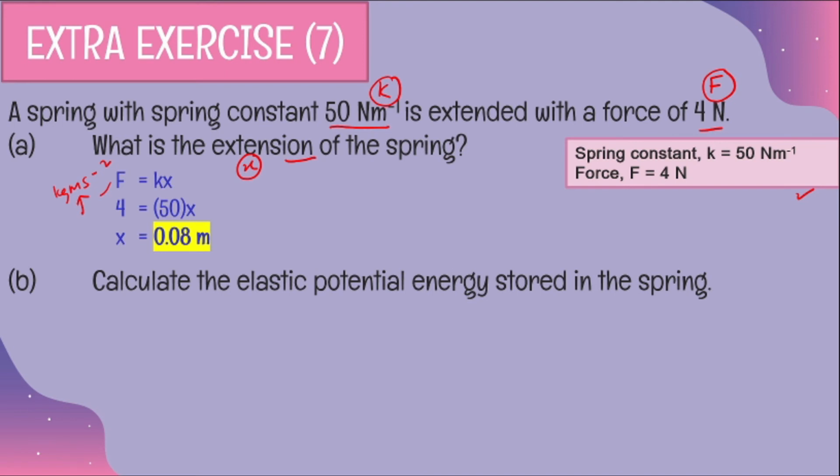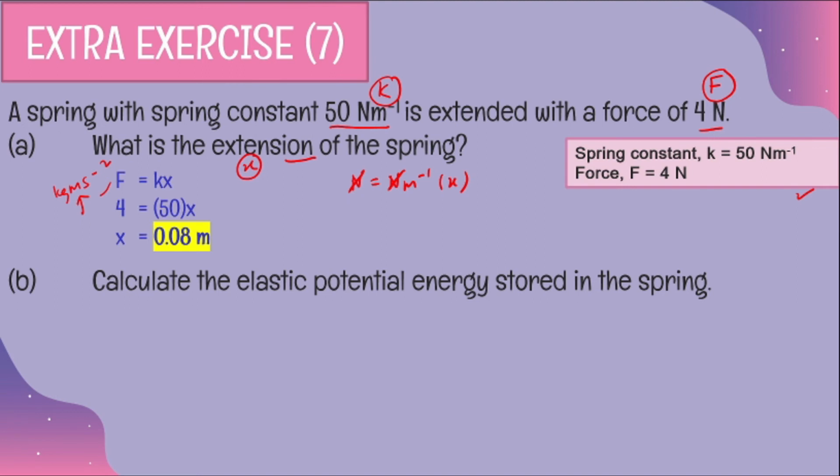Kenapa cikgu cakap kg m s negative 2? Patut cikgu cakap je lah Newton kan. K dalam Newton per meter. Patut cikgu cakap macam tu kan. Sebab Newton sama dengan Newton per meter darab dengan X. Patutnya cikgu cakap je lah Newton cancel tinggal X kan. X ialah meter. Okay, next last one.